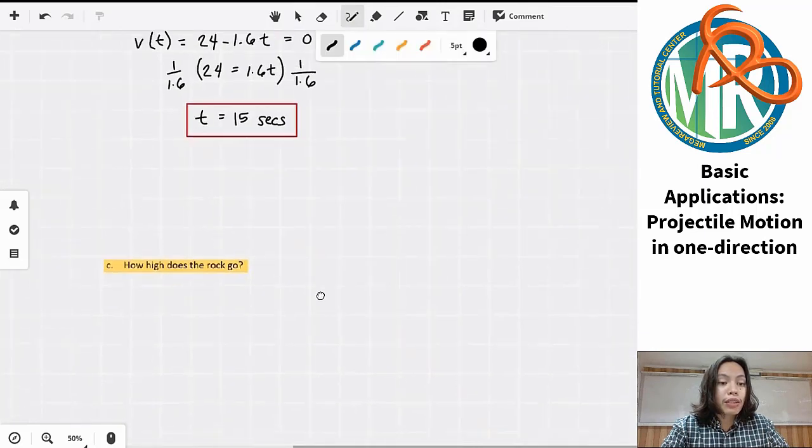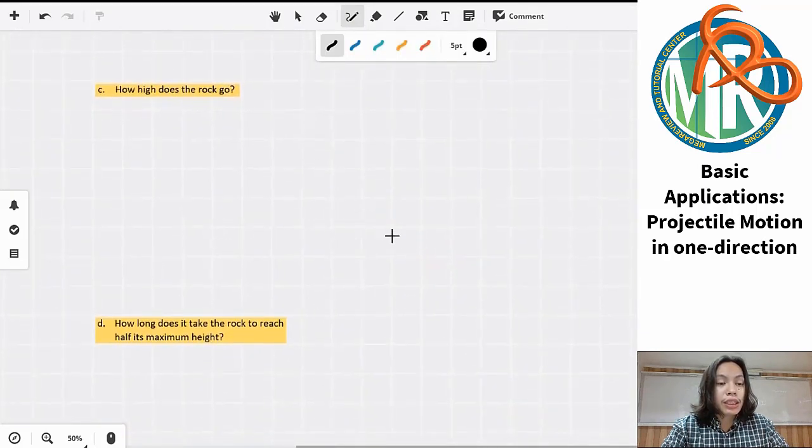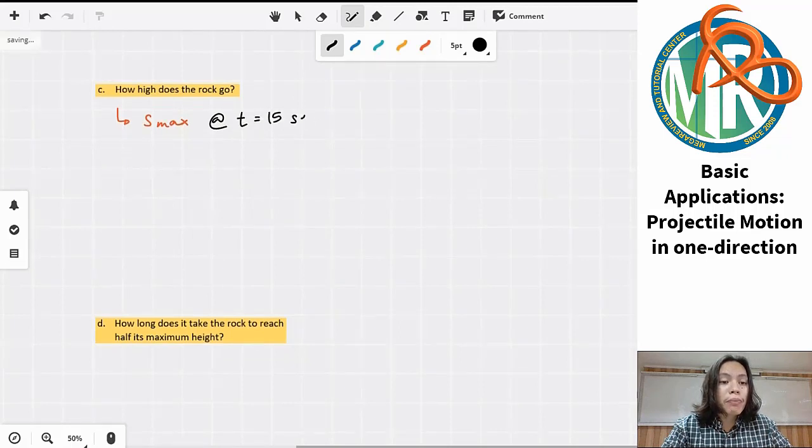In this part, letter C, we are asked to determine how high the rock goes, or the maximum height of the projectile. Having solved for the time it took for the rock to reach its maximum height, we will simply plug that value of t into the function for height s.